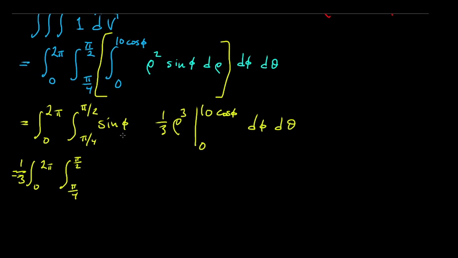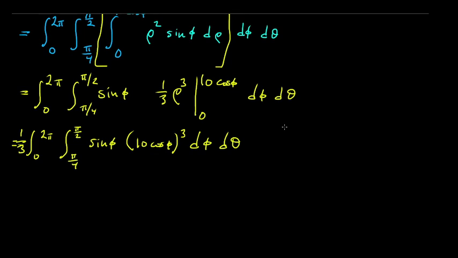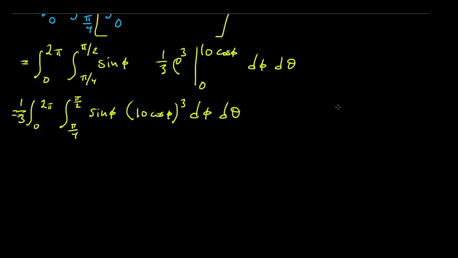So we have a sine of phi, and then 10 cosine of phi cubed minus 0 cubed, which is 0. We have to cube the 10 and the cosine of phi. 10 cubed is 1,000, and we can bring that outside as well. So 1,000 over 3.